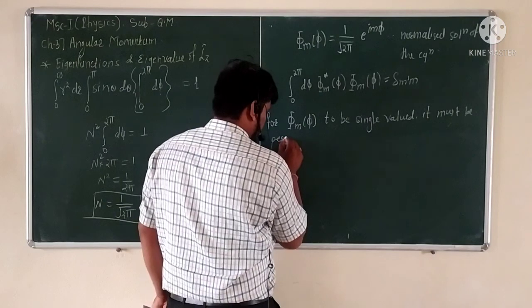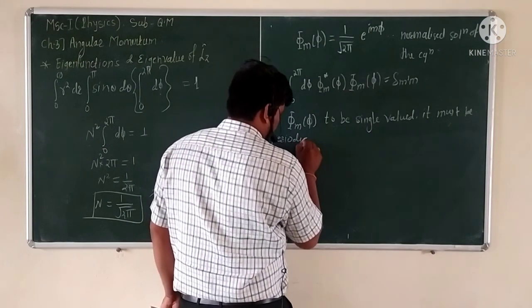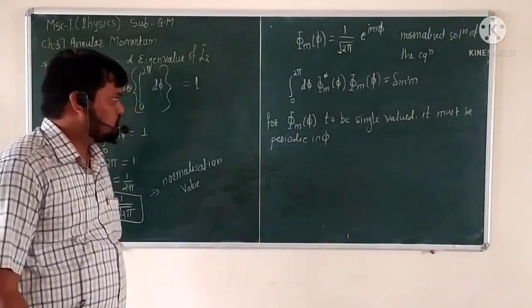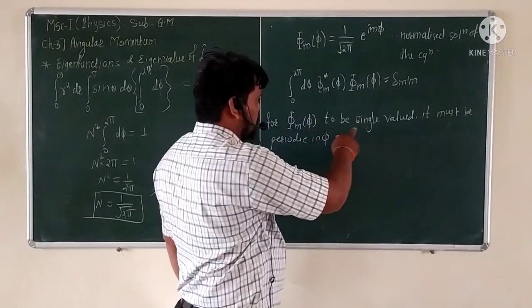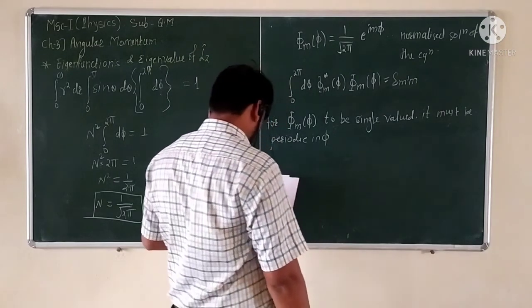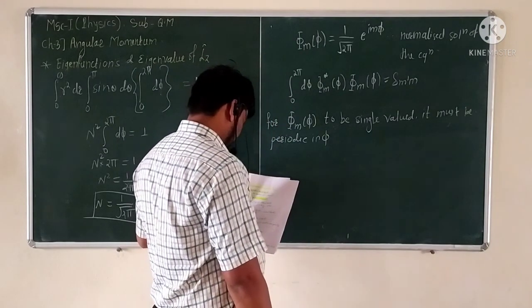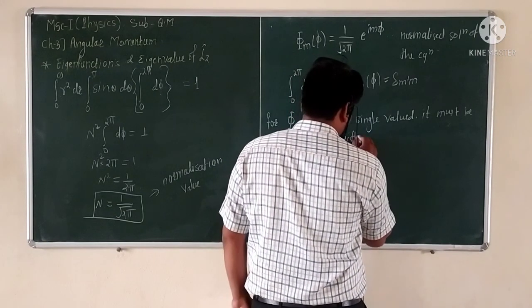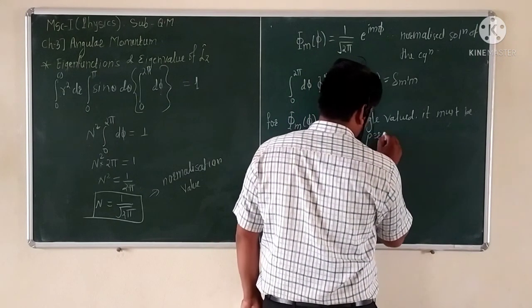So this Phi_m of phi is single valued, and it must be periodic in phi with period 2 pi.